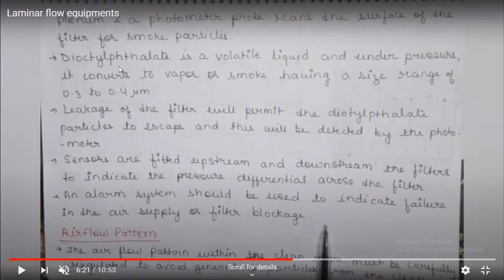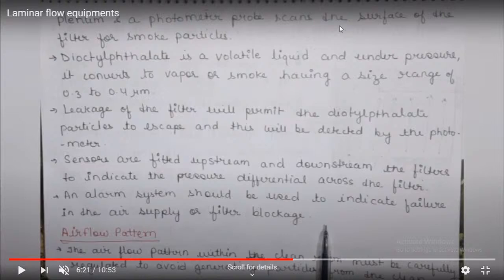A photometer probe scans the surface of the filter for smoke particles. If the smoke is present on the filter, then it is absorbed, meaning the filter removes the smoke from the air. If we see the smoke beyond the HEPA filter, then the dioctyl phthalate test fails.